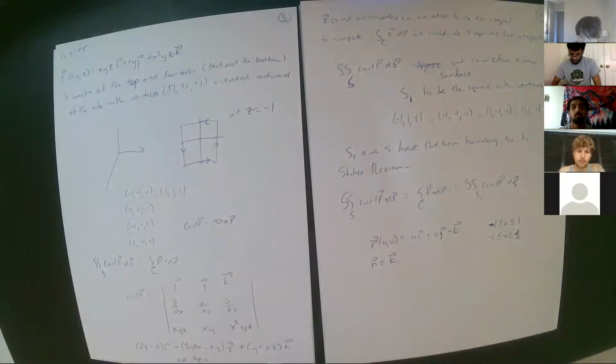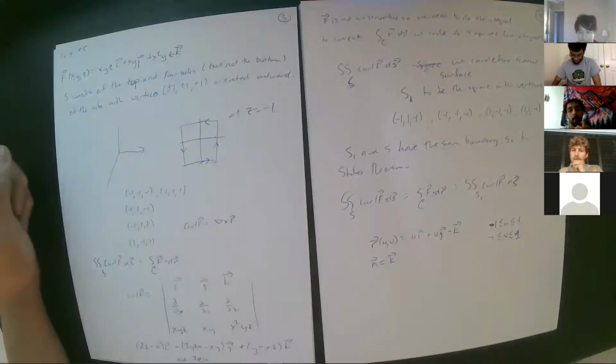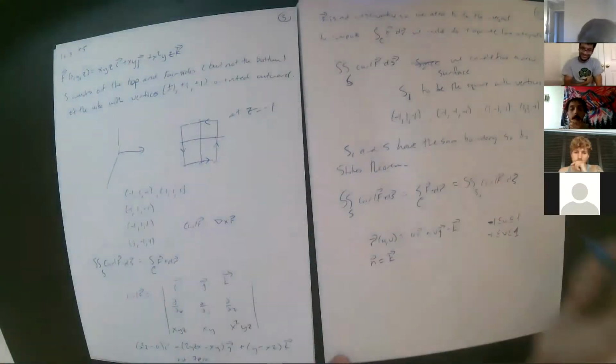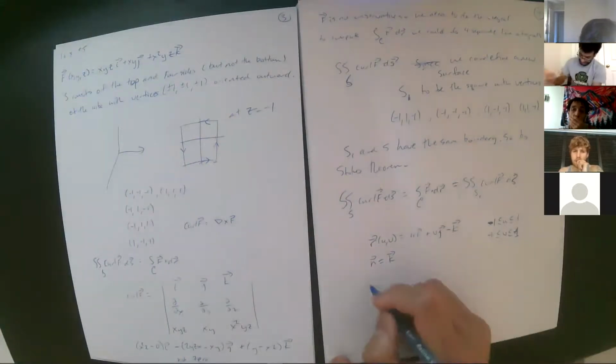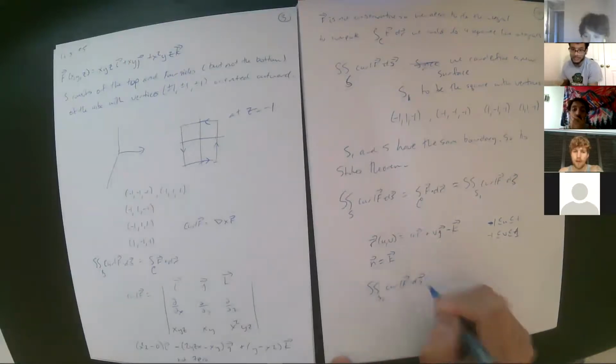So when I have a nice flat surface like this, it's really easy to compute the normal vector. It's almost trivial. Now we can compute this integral, the curl of f dot dS, and we can do this one from basic principles.